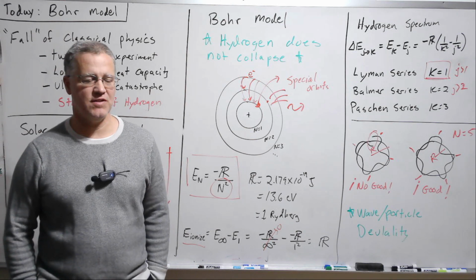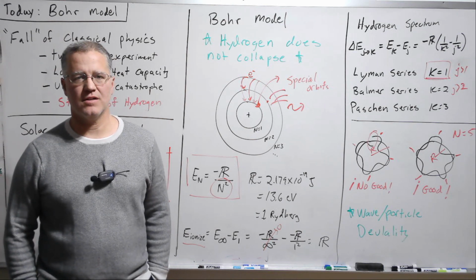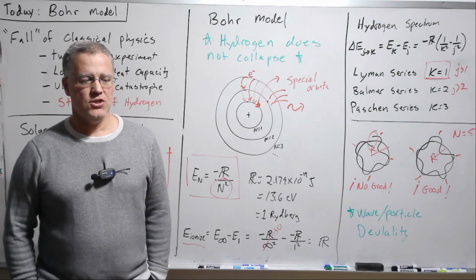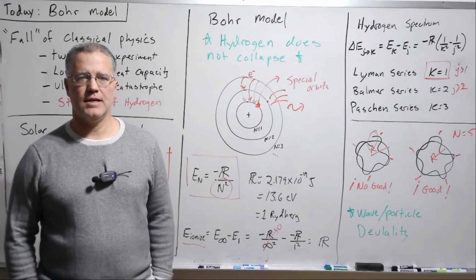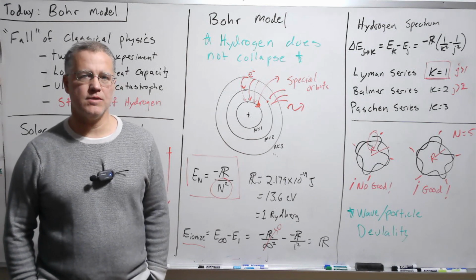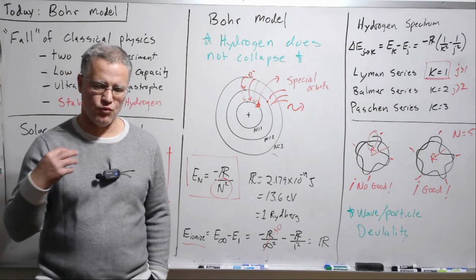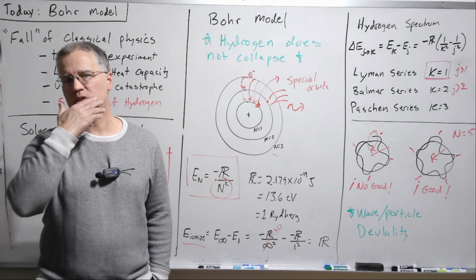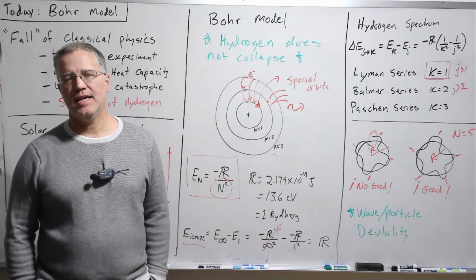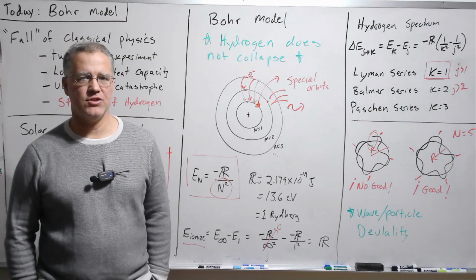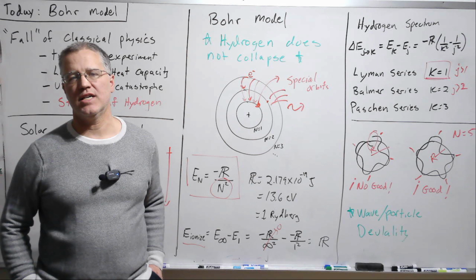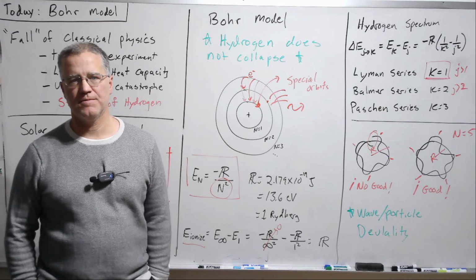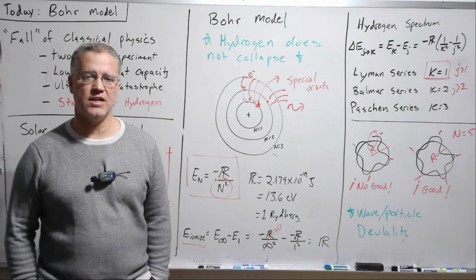So things just really fell into place once quantum mechanics was developed. So next time we will look at the quantum mechanical solutions. We won't work through the solution, but we will look at the solutions for hydrogen. And this will give us a freshman general chemistry level understanding of atoms, which we will need to understand chemistry.